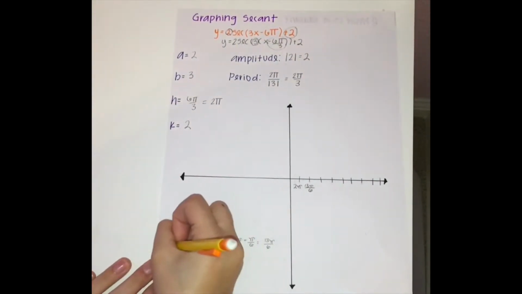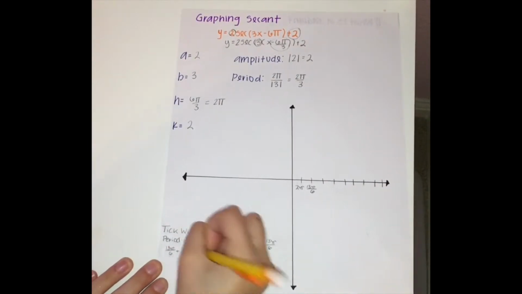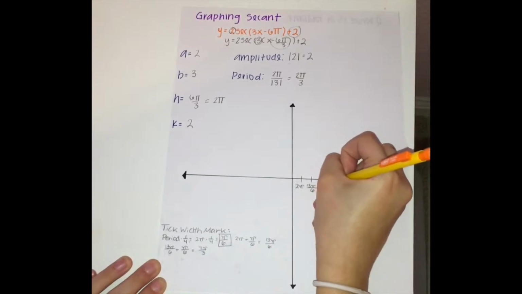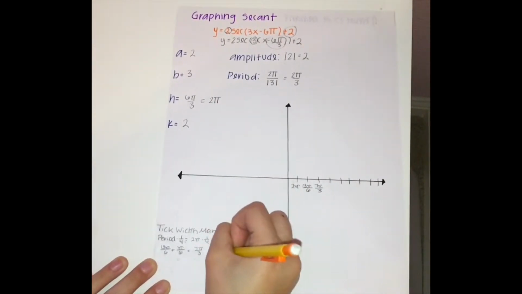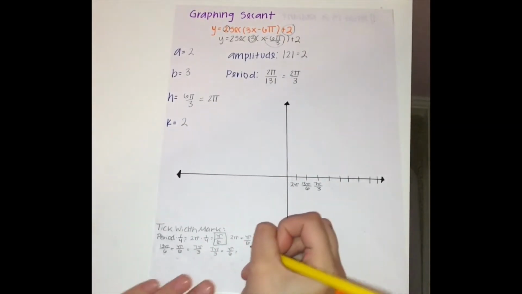Next, you'll take 13 pi over 6 and add it to pi over 6, and you'll get 7 pi over 3. Then you'll take 7 pi over 3 and add it to pi over 6, which will give you 5 pi over 2.